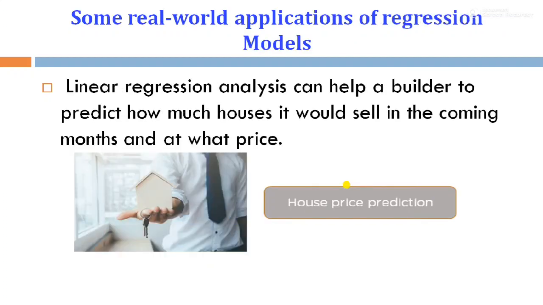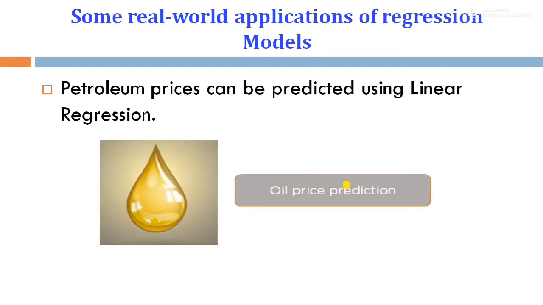Another example is house price prediction. Linear regression analysis can help predict how many houses will sell in the coming months at a given price. Another example is oil price prediction.